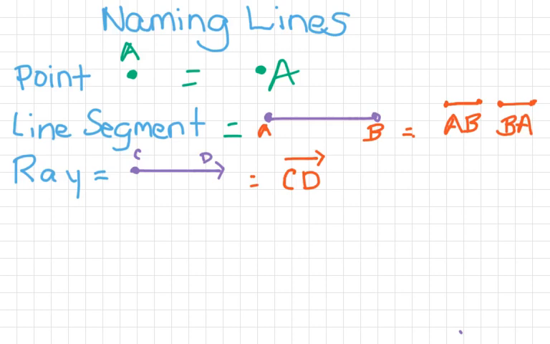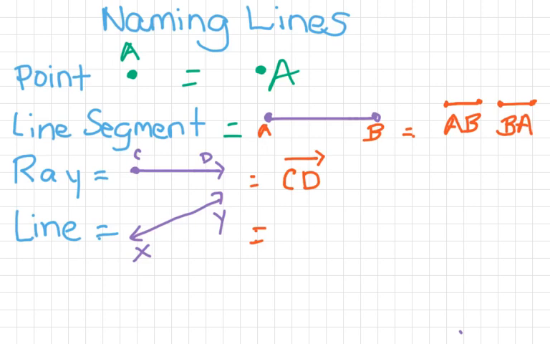Now, if you just want to label a line, not a line segment, not a point, not a ray, lines are a little bit easier to name as well. So we'll say we just have the line XY. And I ask you to name this line or to write it down. You don't have to necessarily draw it out just like you did with the rest.